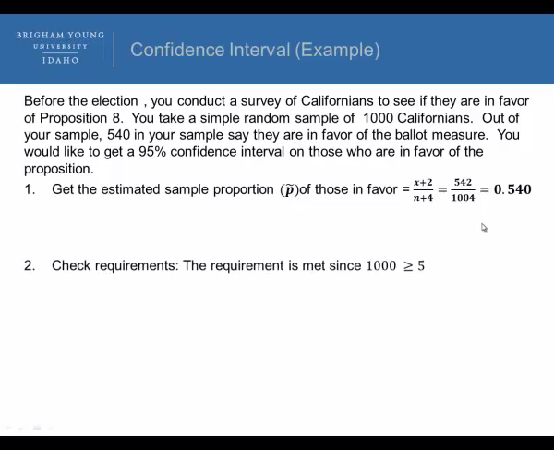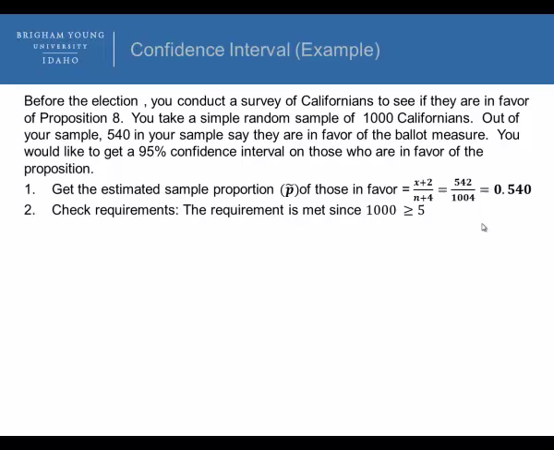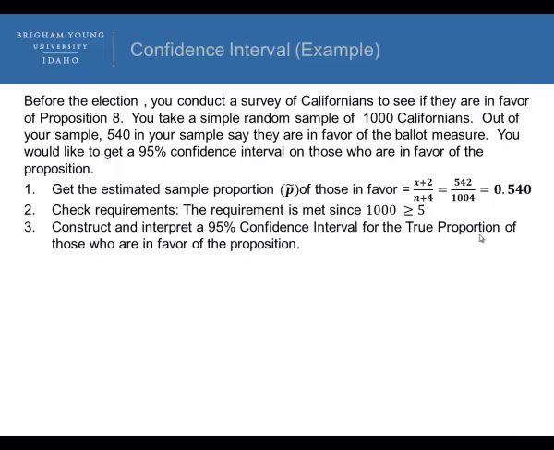Next step, and I'm jumping the gun a little bit, is to check requirements. The requirement is met if our sample size is greater than or equal to 5. But since our sample size is well beyond 5, we can assume that the requirement is met. And I'll mention that a little bit later in the next slide. Okay. Then lastly, construct and interpret a 95% confidence interval for the true proportion of those who are in favor of the proposition. So here's the formula for it.